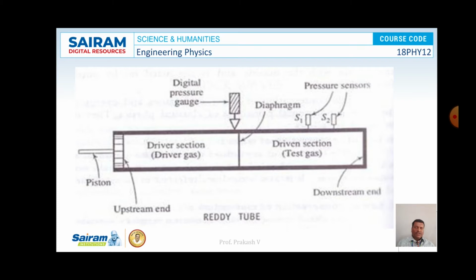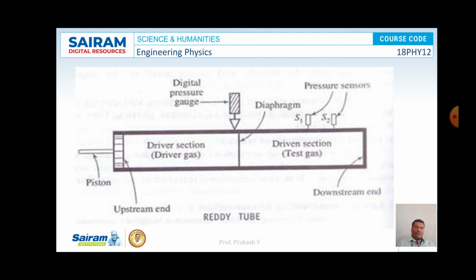It is cylindrical in shape and divided into two sections. The first section is the driver section and the second section is the driven section, which is filled with the test gas. In the driver section you can see a piston fitted, and the other end is totally closed.